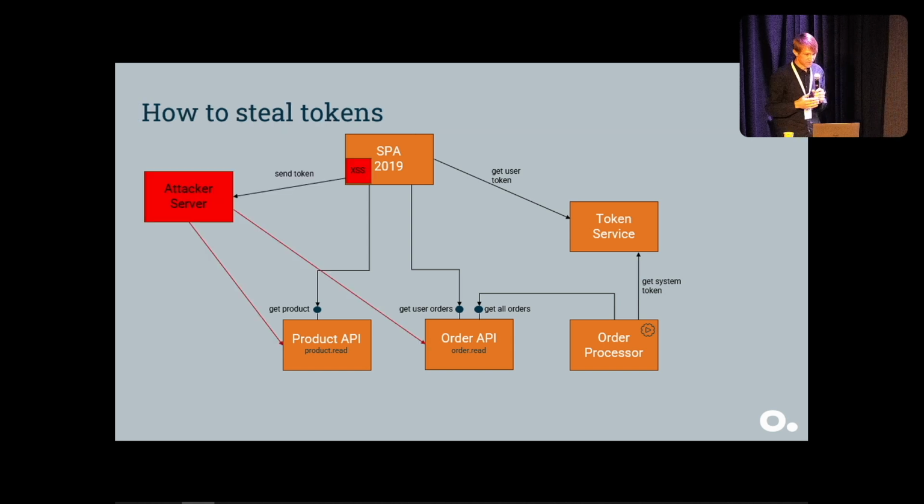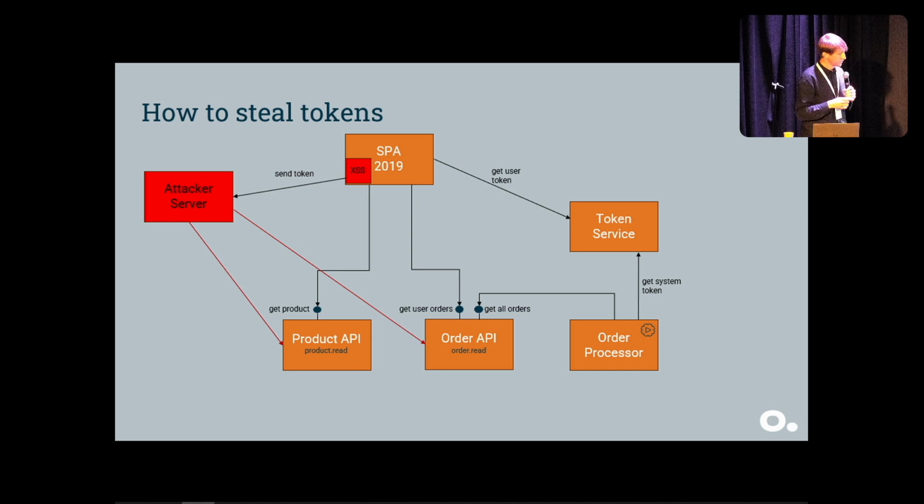And this is a way to steal tokens. Cross-site scripting is common. It's less common these days, but in an old application like this from 2019 or something, it's a good chance that we have a cross-site scripting vulnerability. And if we can inject code running in that application, there are other ways to inject code like supply chain attacks and things like that. But we discussed cross-site scripting here.